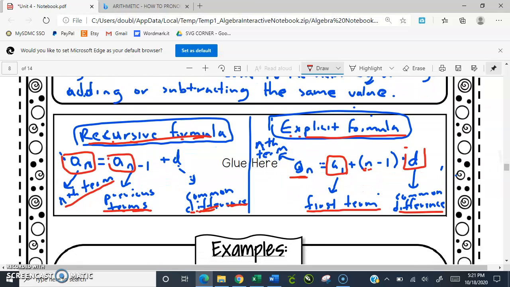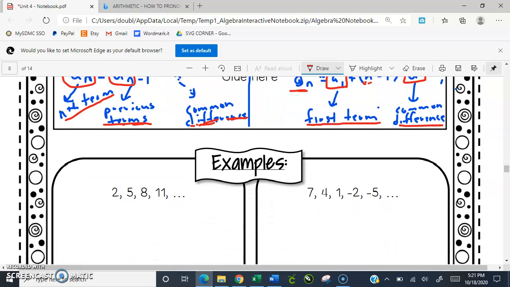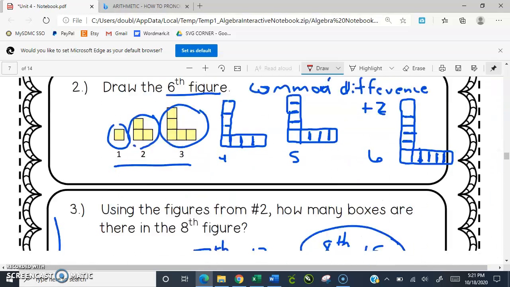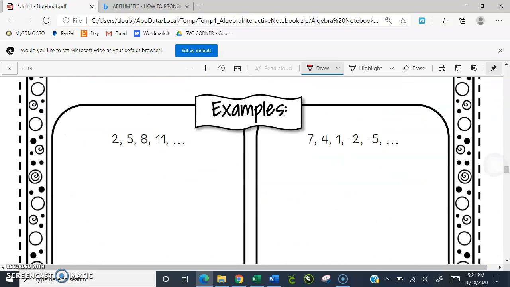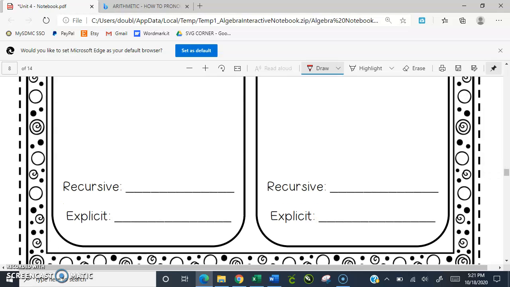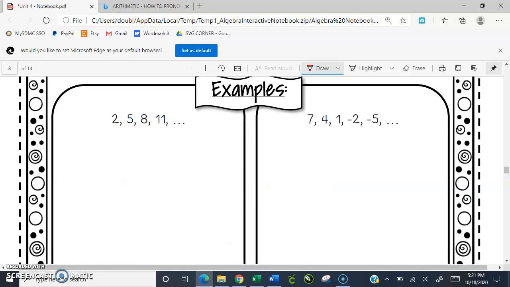So let's go down to examples. Oh, I went too far. Let me slide it down. It says we need to write the recursive formula and the explicit formula for the numbers 2, 5, 8, and 11. Using these numbers, we need to figure out what our common difference is first. 2 plus what gives you 5?